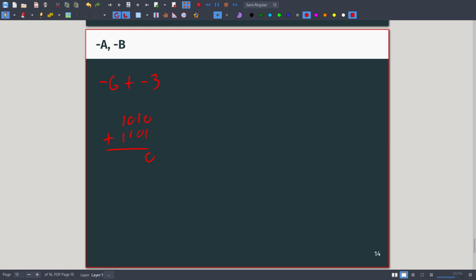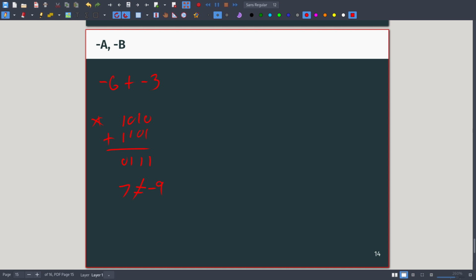But we can just say, humor me, that this will overflow. So 1, 1, 1, 0, and throw away the carry, right? We have 7. 7 is not equal to -9, because you can't store -9 in a 4-bit value.